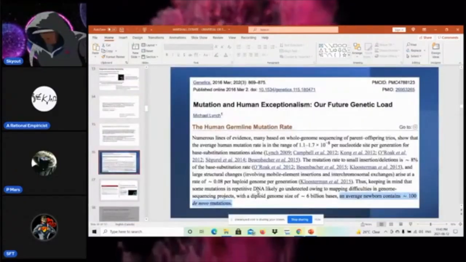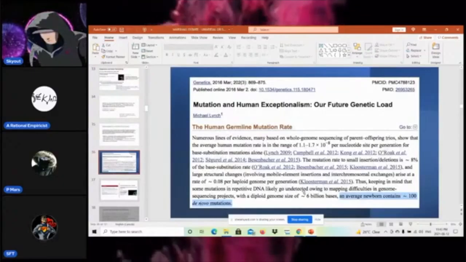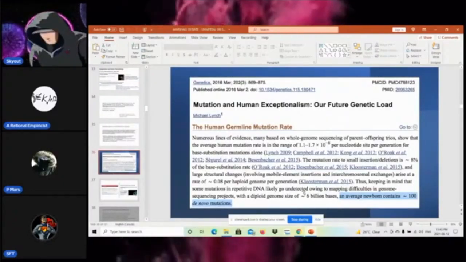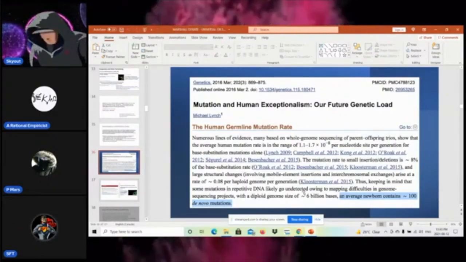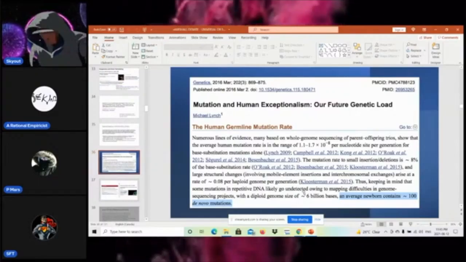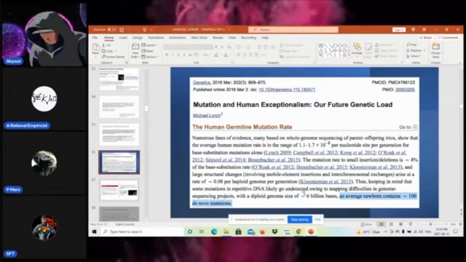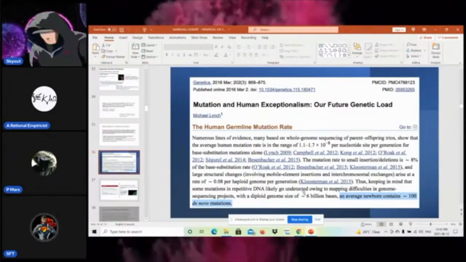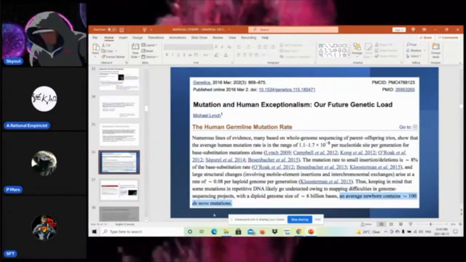Out of these 100 new mutations, he calculated that 10 of those are deleterious because he holds to this idea that only about 10% of the genome's functional. So therefore, 10 of those would logically be deleterious. But if the genome's 20% functional, 30% functional, or 80% functional, as the evidence seems to suggest, that means you have up to 80 of these which are deleterious.